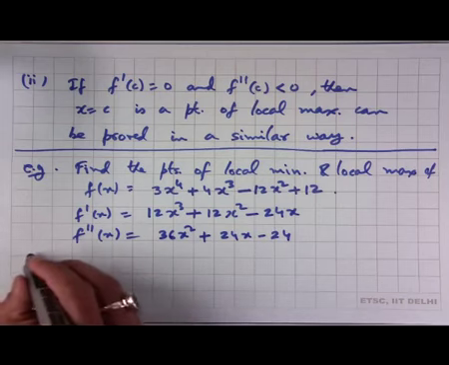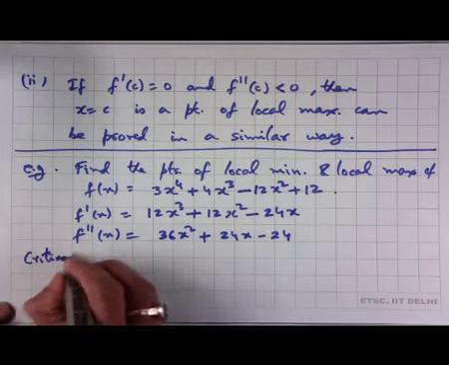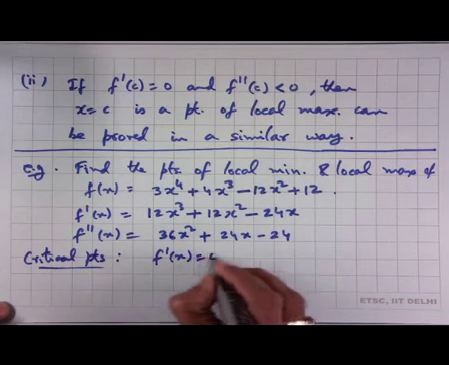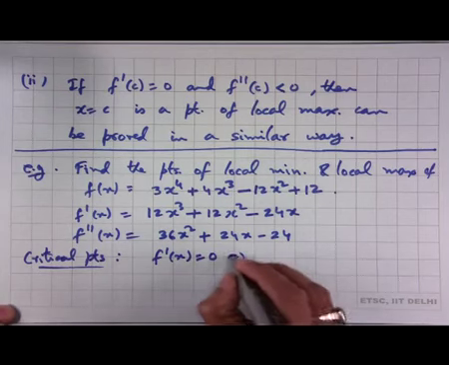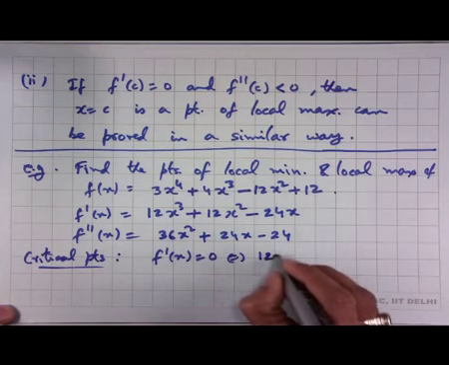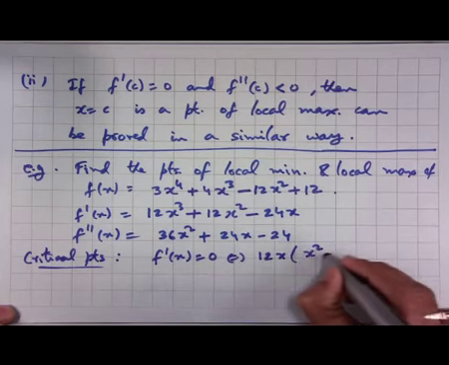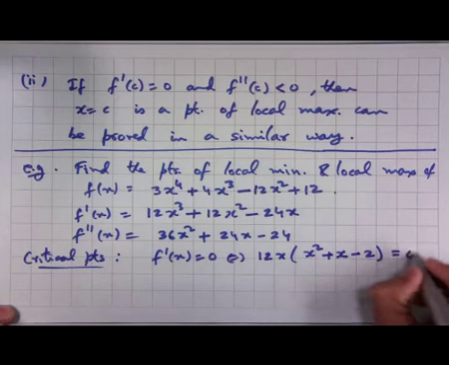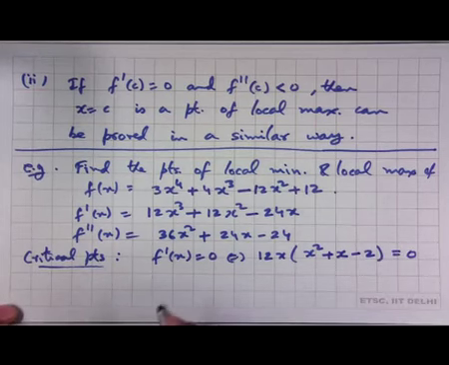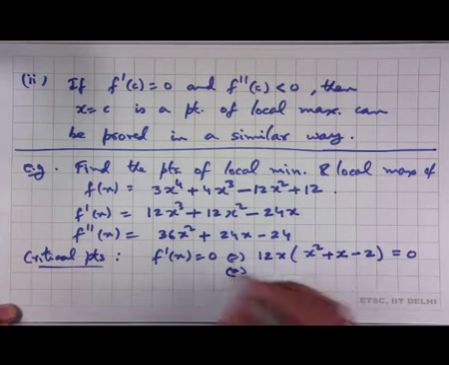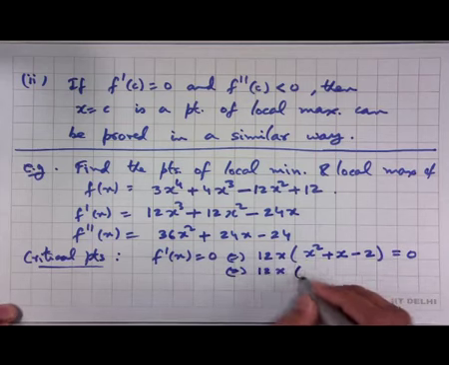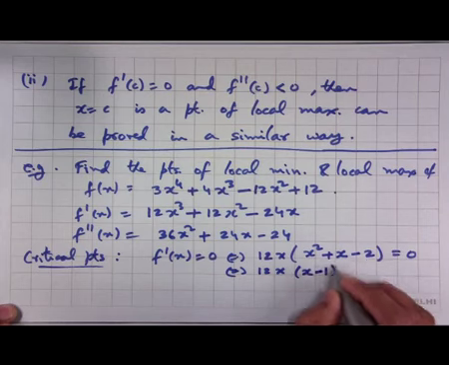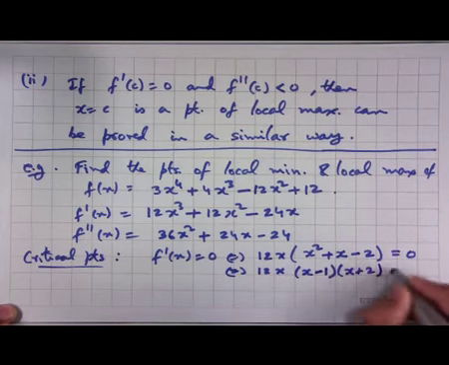Now, first we find critical points. For that we need to solve for f prime x equal to 0, and f prime x is 12x times x square plus x minus 2 equal to 0, which is the same thing as 12x times x minus 1 times x plus 2 equal to 0.